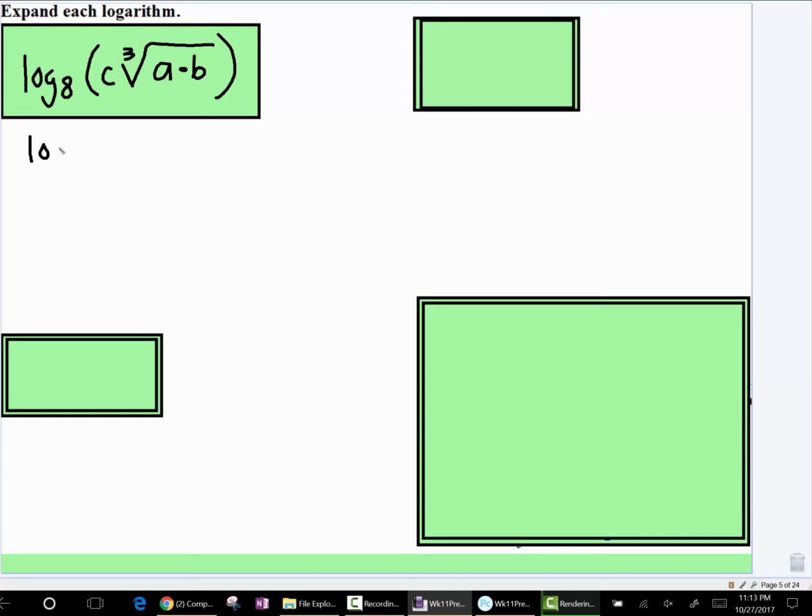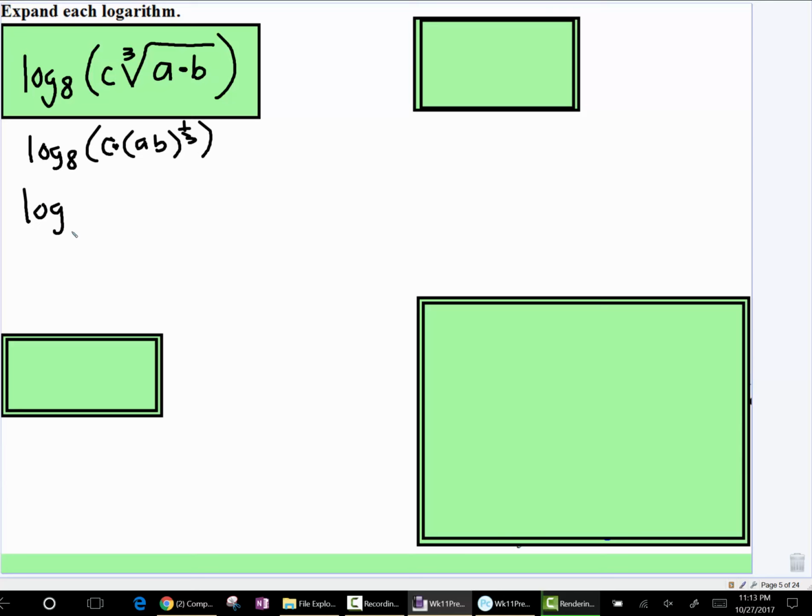I'm going to rewrite it. Log base 8 of c times, in parentheses, a times b to the 1/3 power. Now we have c times all of this, so we can go ahead and expand.